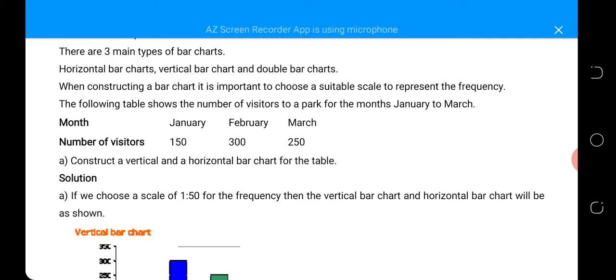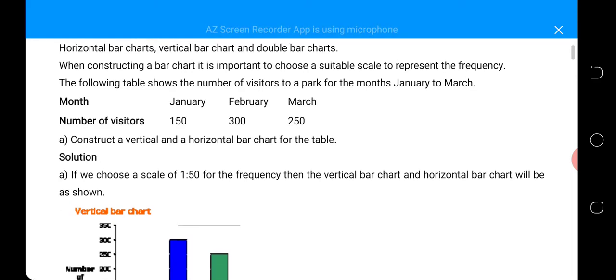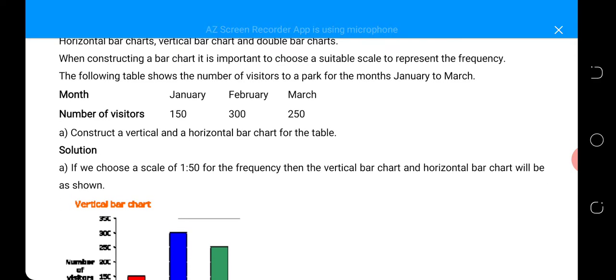The question says we should construct a vertical and horizontal bar chart for the table. To do this, the first step is to choose a scale, because in our notes, it is not possible for us to draw a line which is going to be 150 centimeters or 300 centimeters long.